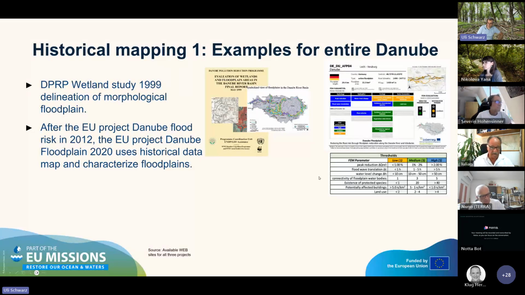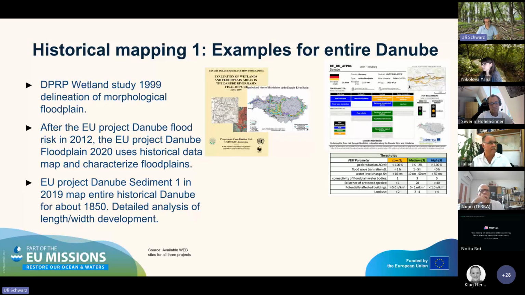You see also connectivity of floodplain water bodies is an indicator. Unfortunately, the topic of sediment was neglected for the Danube floodplain project, which is a bit of a shame, I would even say. But on the other hand, they try to collect a lot of information about floodplains.